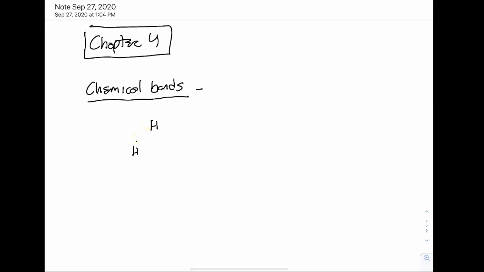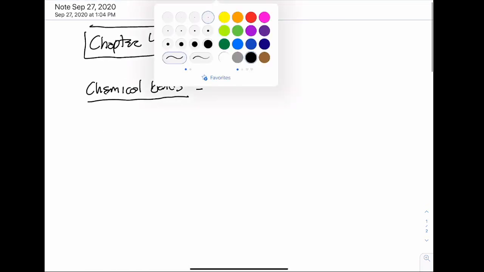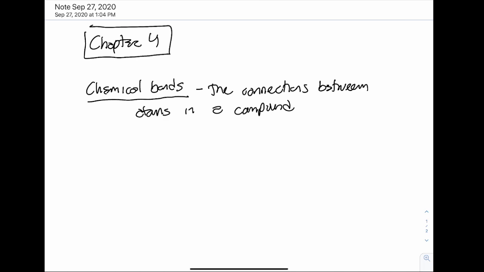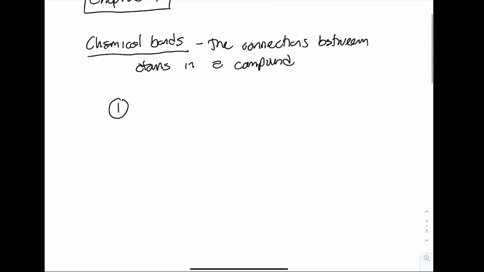So chemical bonds are those connections between atoms in a compound. And there's three main types of chemical bonds, and I'm just going to list them here, and then we'll go into more detail on a few of them.